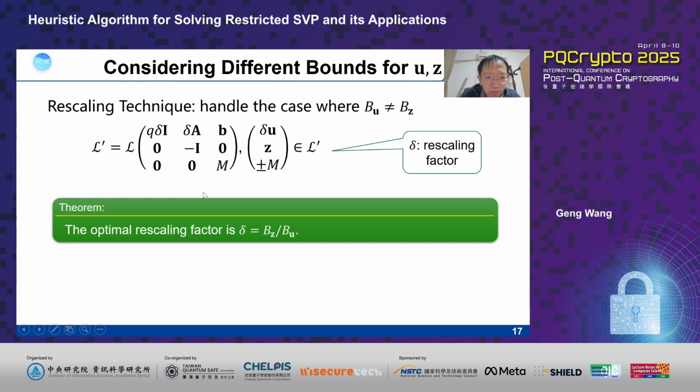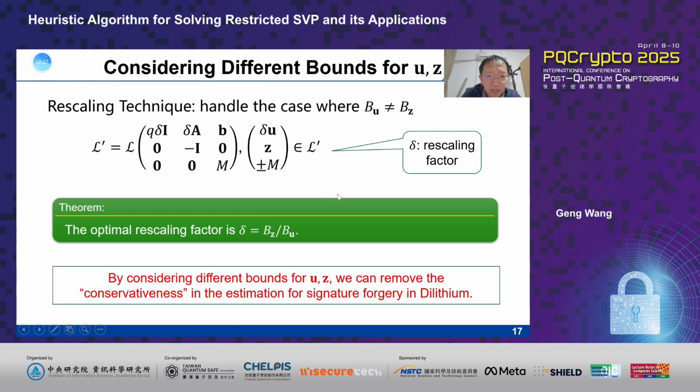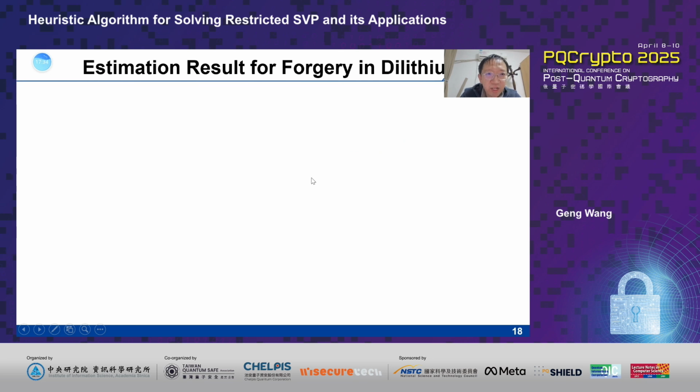The optimal rescaling factor is in fact BZ over BU, which turns the two bounds into the same bound. So this removes the conservativeness of the DSM estimation.